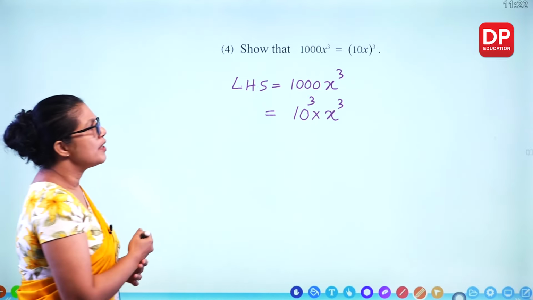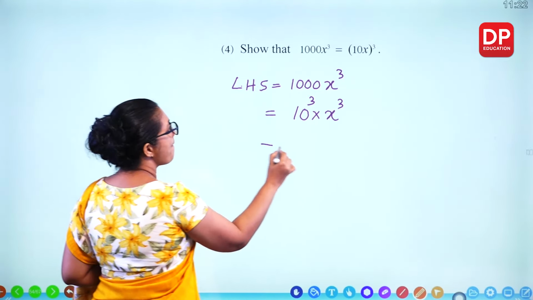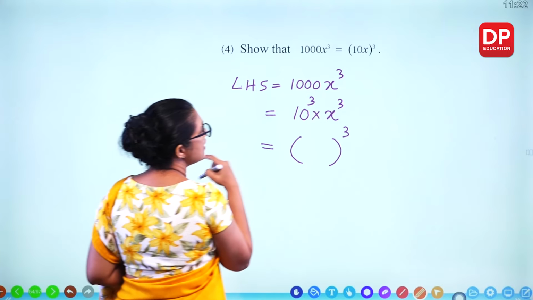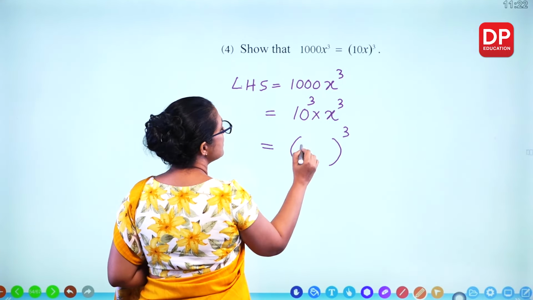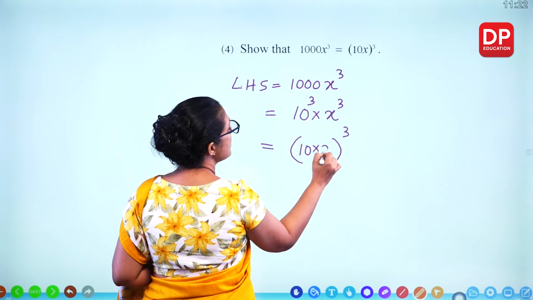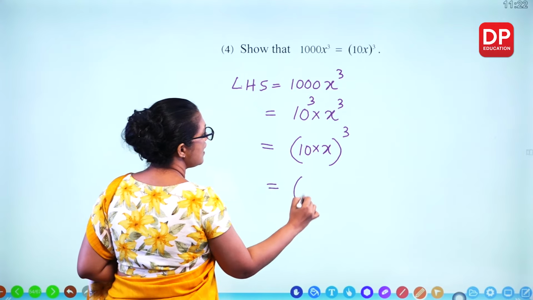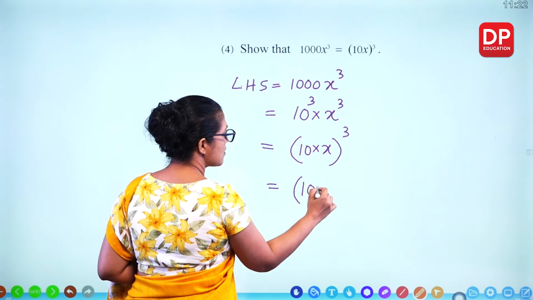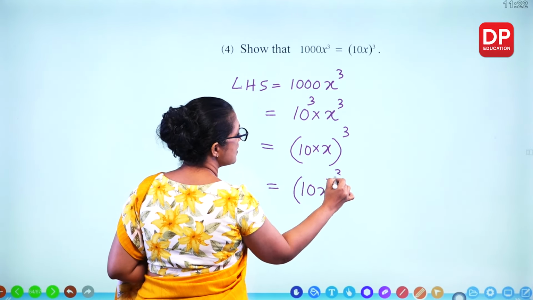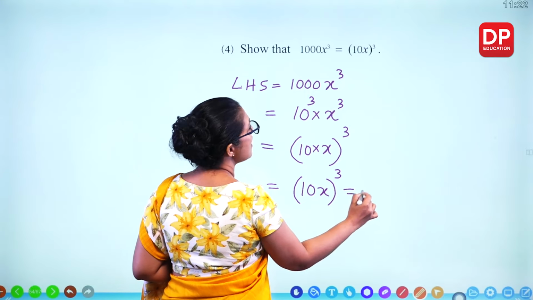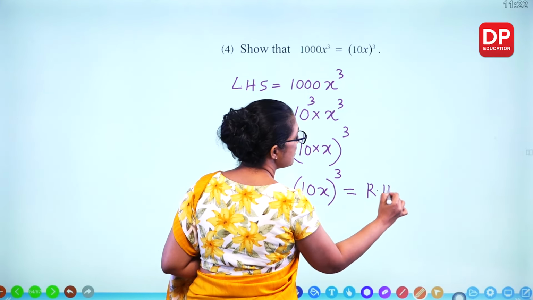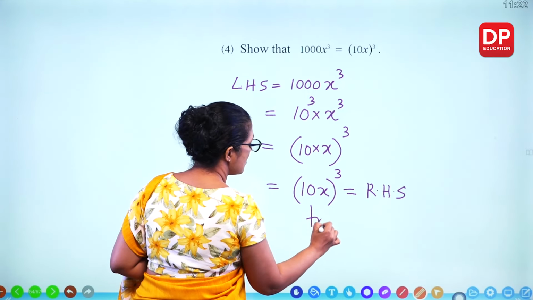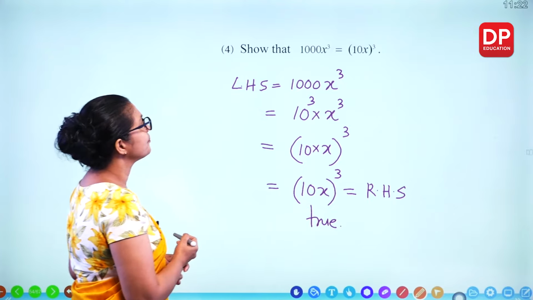Now we know same power, you can take that out and 10 into x inside. So no need to write 10 times x, I can write 10x. So this is the same as the right hand side. So this is true.